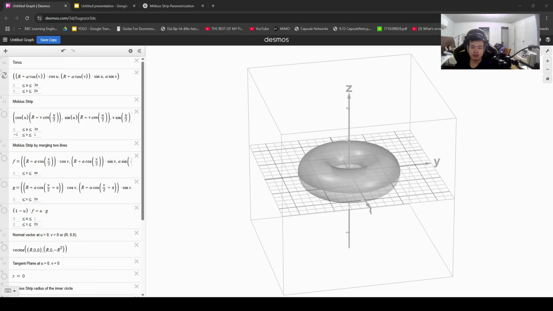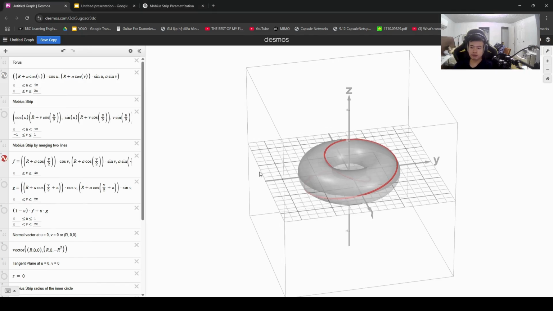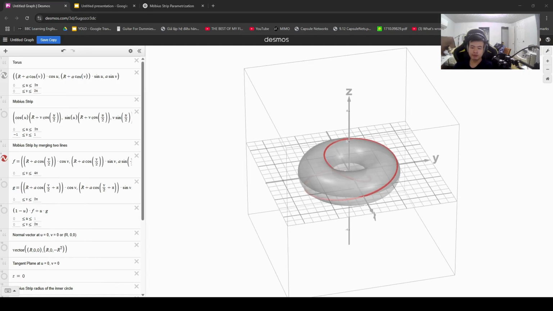So here is our representation of the torus. By reducing the torus parameters u and v into a single parameter v, we effectively created a line that loops through it, and by introducing a phase shift of pi, we then effectively split that loop in half. So let me write 0 to 2 pi, and here is from pi to 2 pi.